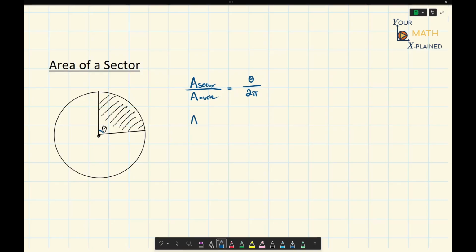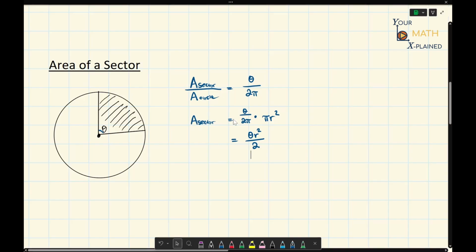So therefore, the area of the sector is going to be equal to theta over 2 pi multiplied by the area of a circle, which is pi r squared. And if we simplify that, we end up with theta r squared over 2. So again, make sure that your angle theta is in terms of radians and not degrees, because we used 2 pi as our denominator.